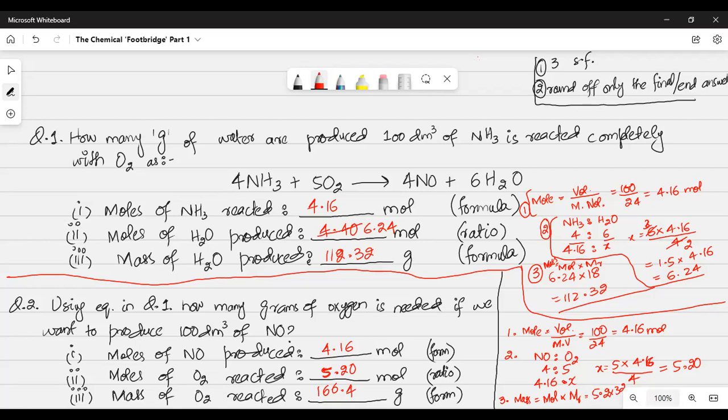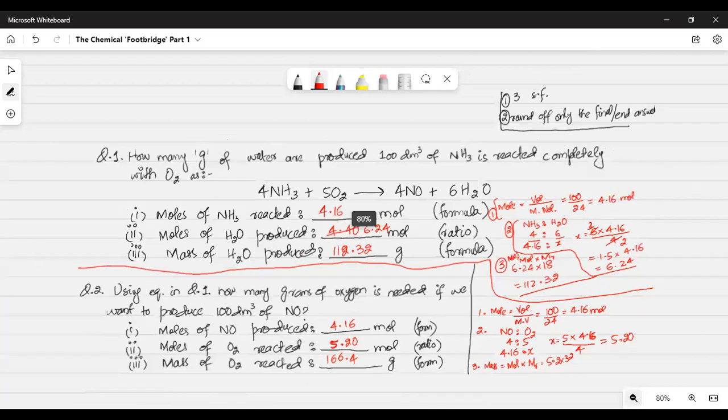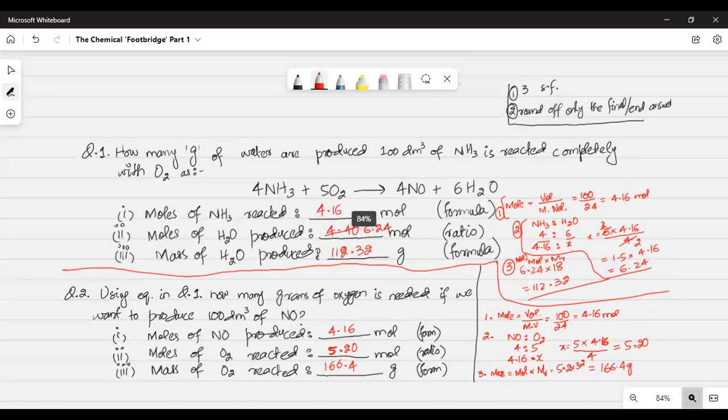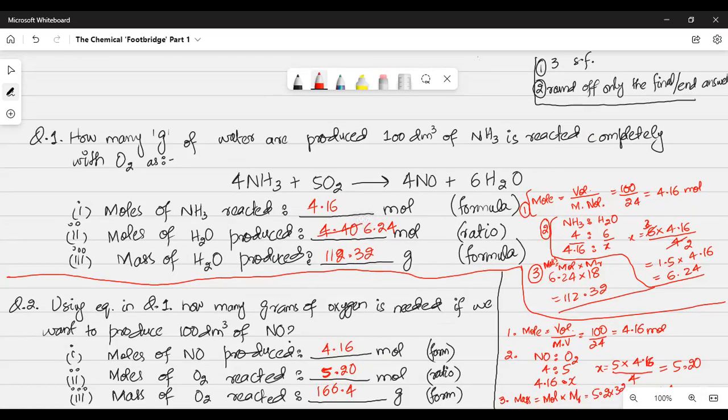That is right. That is equal to 166.4 grams. Right? Yes, sir. Good, which means you get a hang of it.